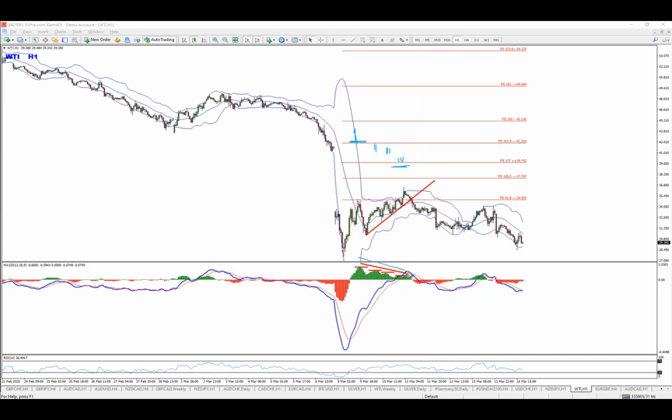So continuing divergence, top of the Bollinger Bands, and then we got the breakouts. Depending on whichever way you're looking to trade that, we had plenty of opportunities as it comes to oil.